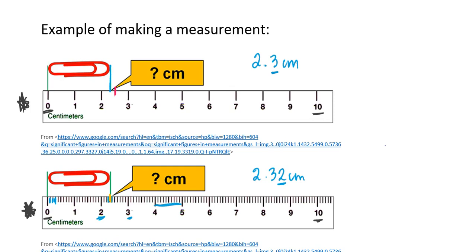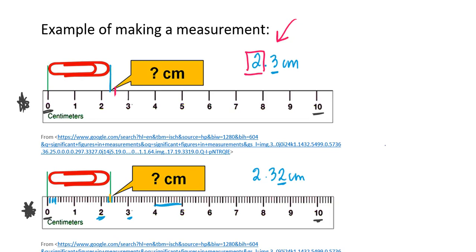And so when we consider measurements, we have to consider, okay, what portion of the measurement do I know to be 100% certain? Okay, well, let's have that conversation. Right here, if I take a look at the measurement that I made using the top ruler, I'm absolutely sure that the paper clip is longer than 2 centimeters.